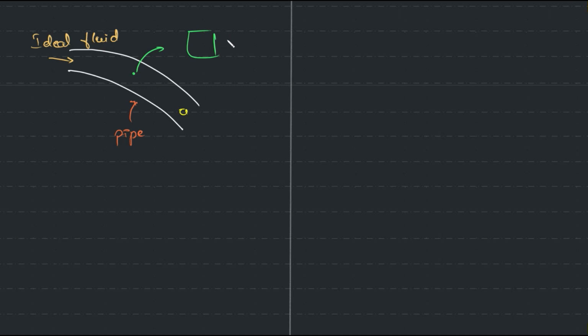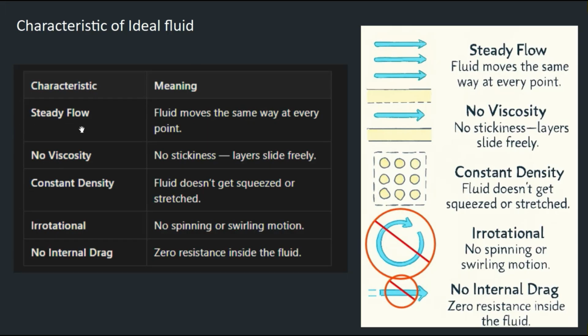So for a given condition, whichever molecule you take from the ideal fluid, they'll behave the same way. And so the first point is steady flow. It looks stationary, basically. You can web search laminar flow. Whatever you see there is a case of steady flow.